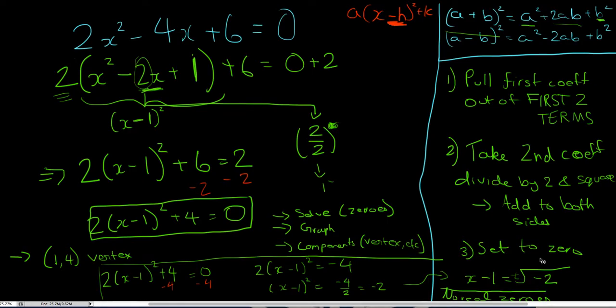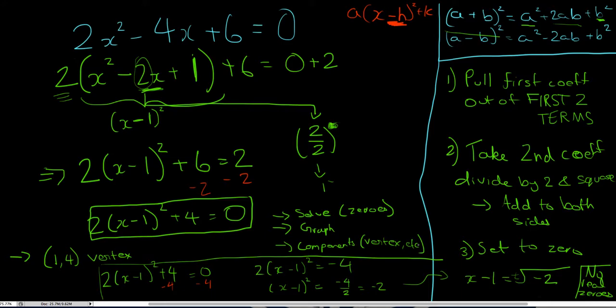Okay, I don't think you can read that, so I'm just going to write it again. Since you've got a negative number under your square root, you would have no real zeros. That would be your answer if somebody asked you to find the zeros of this.